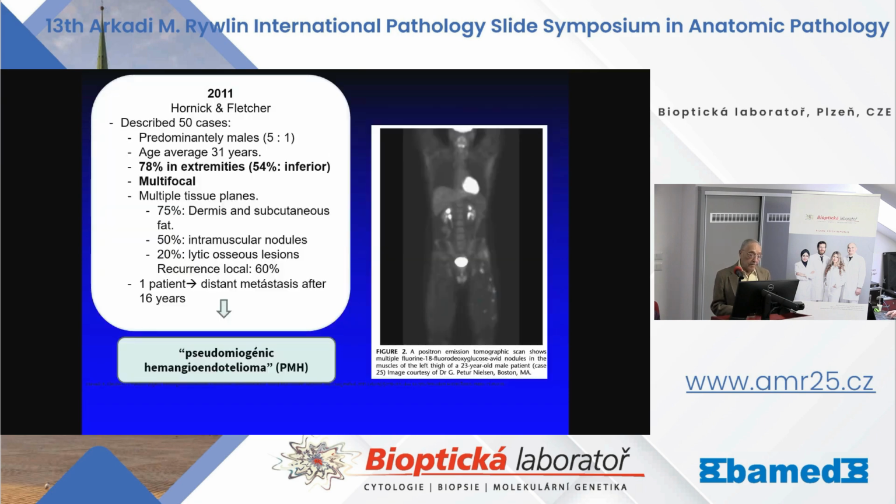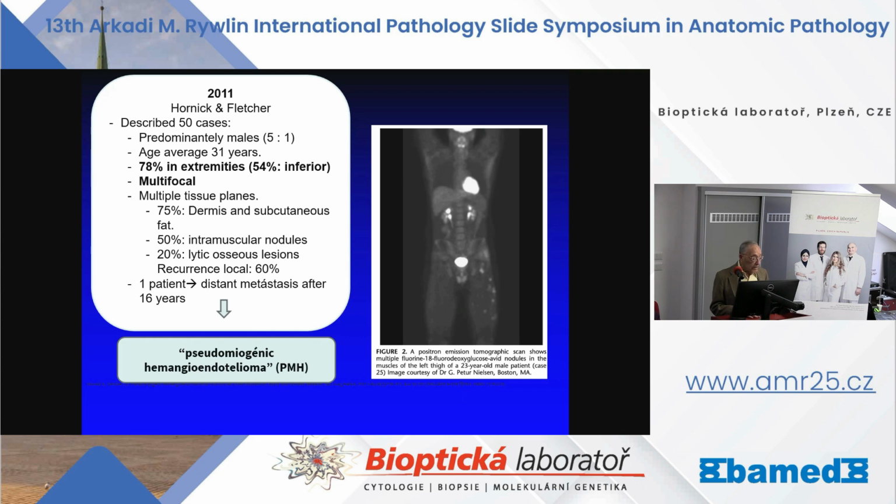Finally, in 2011, Hornick and Fletcher described 50 cases. It was young males in the extremities, and multiple planes could be affected: the dermis, the subcutaneous tissue, intramuscular and osseous lesions.